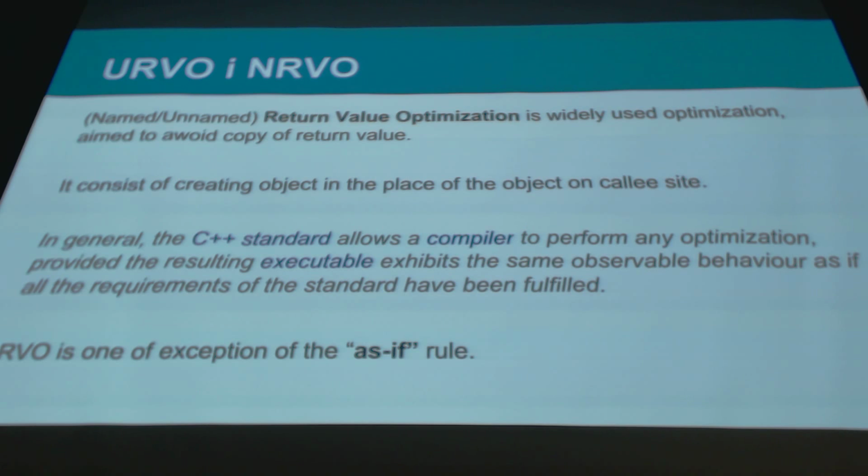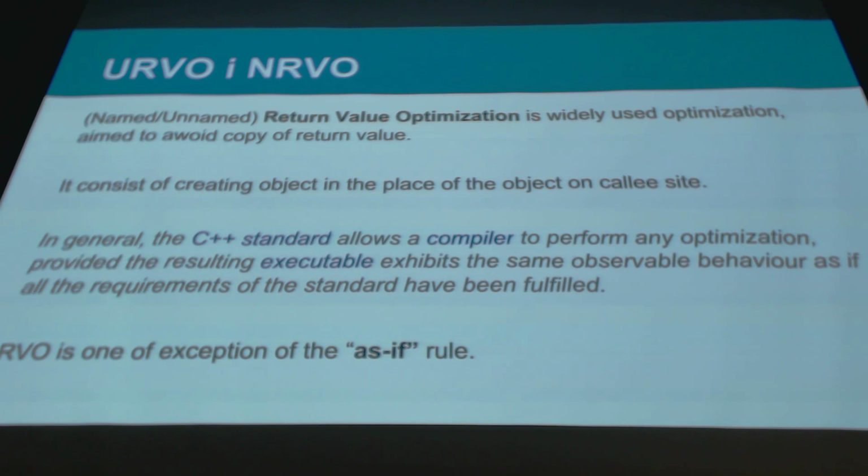And you could ask also, does it change the behavior of the program? And the answer is yes, it changes the behavior of a program. Normally the C++ standard says you cannot optimize and change the behavior of the program. So for example, if we have a constructor that says something like hello world, then instead of having 3 hello worlds, after this optimization we get 2 hello worlds, right?